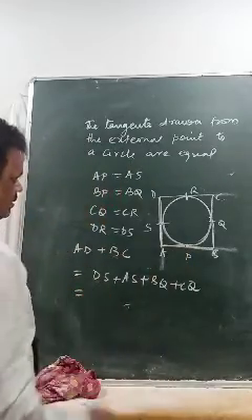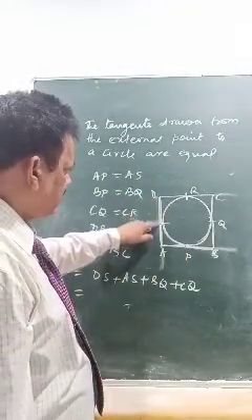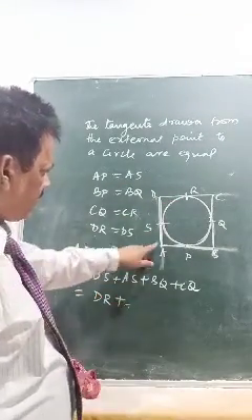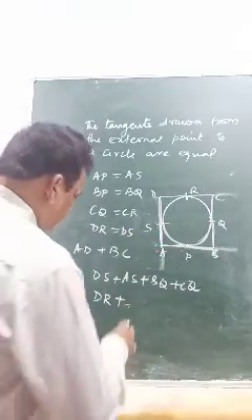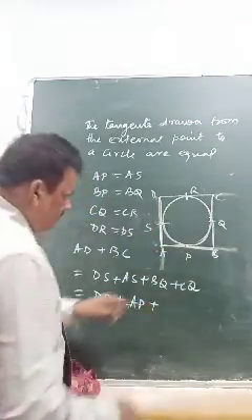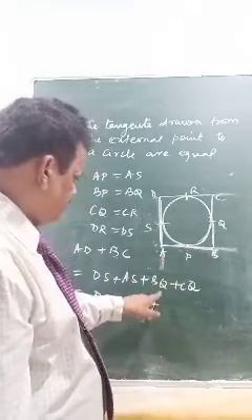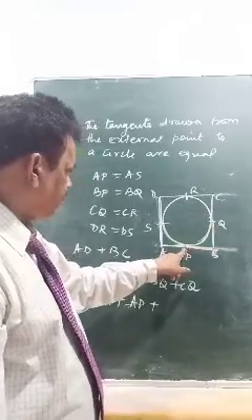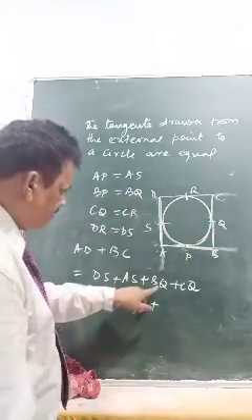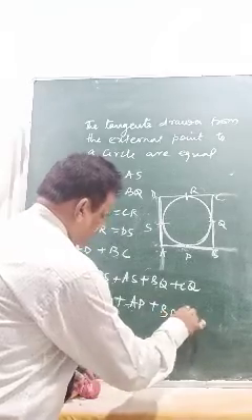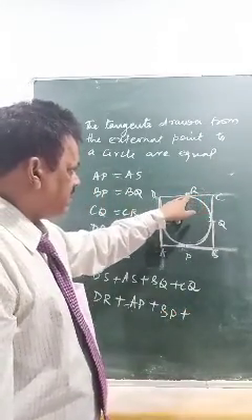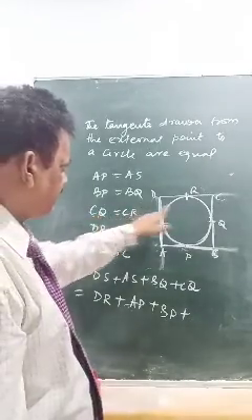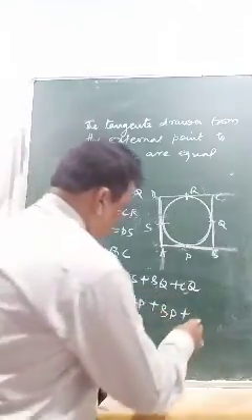Okay. Now look, what is DS? DS is equal to DR. So write DR. AS is AP. With AP now you need BQ. BQ is equal to BP. So with AP you write BP. With DR, what unit? CR. CR equals CQ. So CQ will be CR.